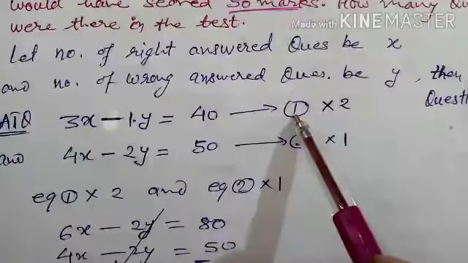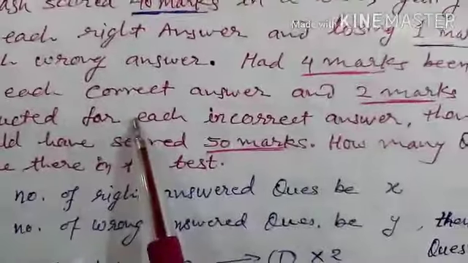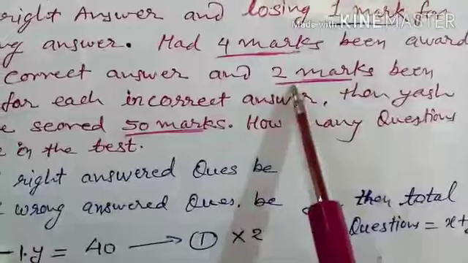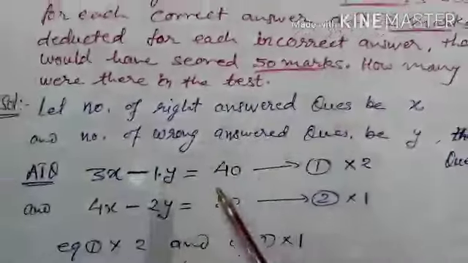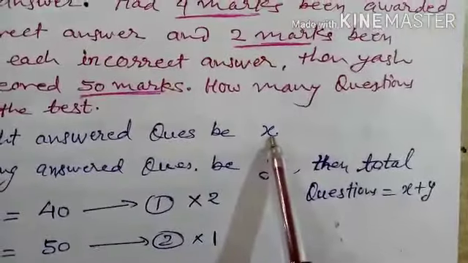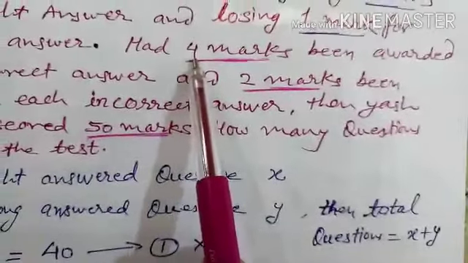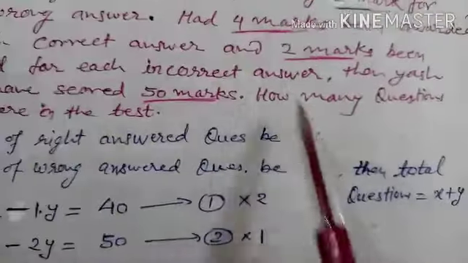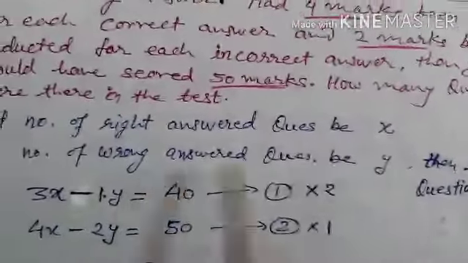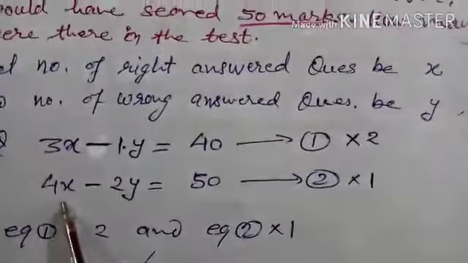Equation number 1. Now second condition, had 4 marks been awarded for each correct answer and 2 marks deducted from each wrong answer. So here right answered questions be x, and each question will be awarded 4 marks, so total marks of right answered questions would be 4 into x, that is 4x.